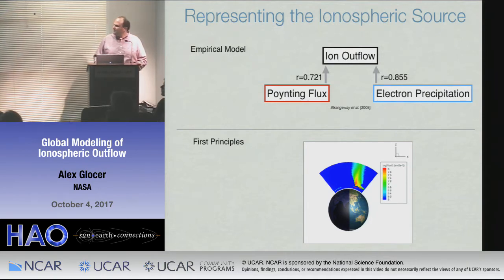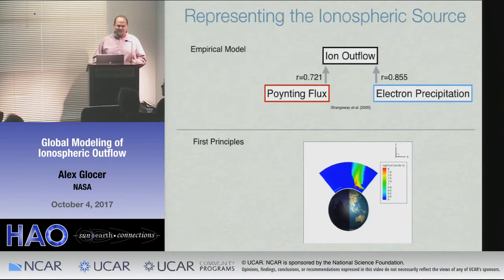On the other hand, the downside of this approach is that you don't have physics in terms of what mechanisms are ultimately driving the outflow, and so for that you really want to go to a first principles model. In that approach, you construct a global model of the ionospheric outflow, and you use that to set the inner boundary condition for your magnetosphere simulation.